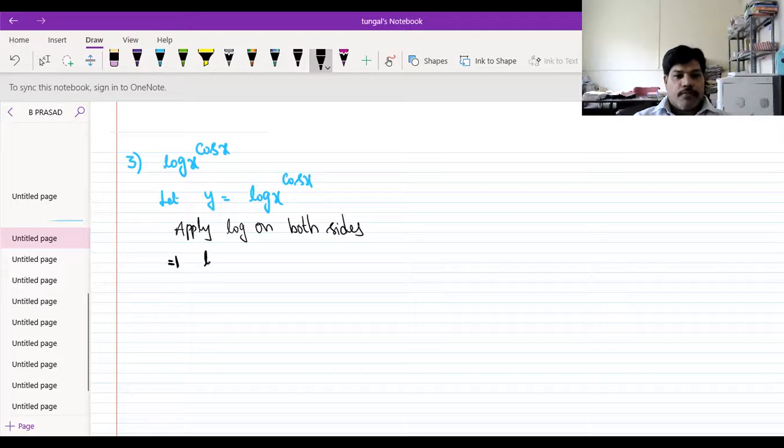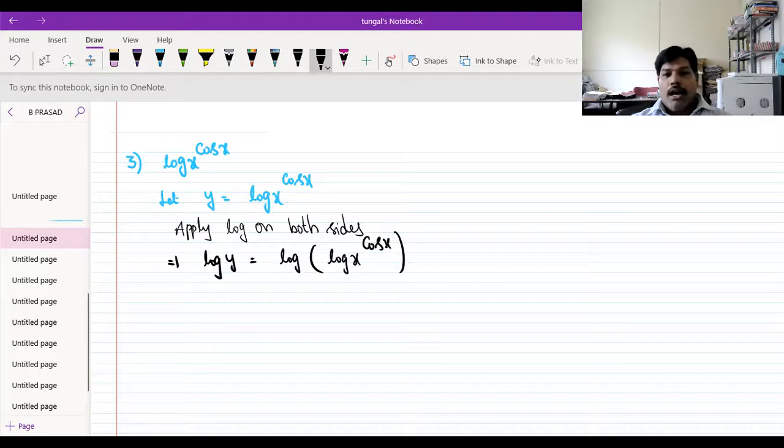That implies log y is equal to log of log x power cos x. So that is nothing but it is in the form of log p power n. Already you know the formula.